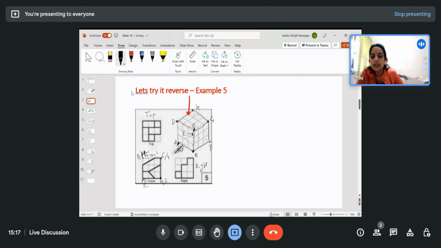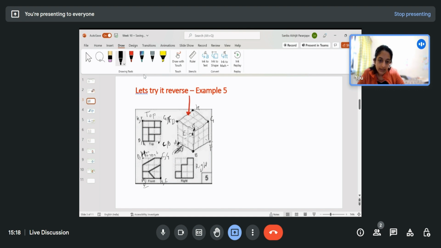So in top view then, I can say that here I'll have point H, and behind point H I'll be able to see the point E. Then behind point D here I'll see point A. This will correspond to point C, behind which D will be located, and here I will have G on the top, behind which F is located.